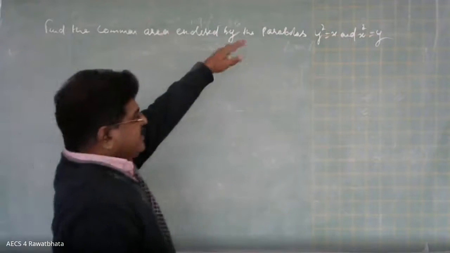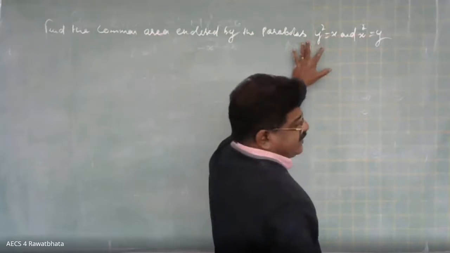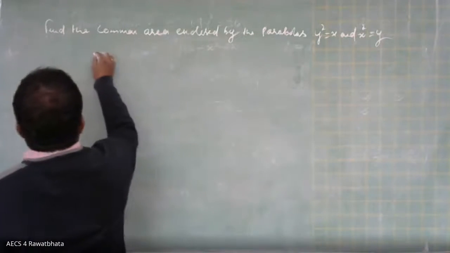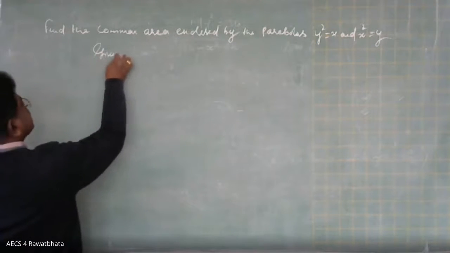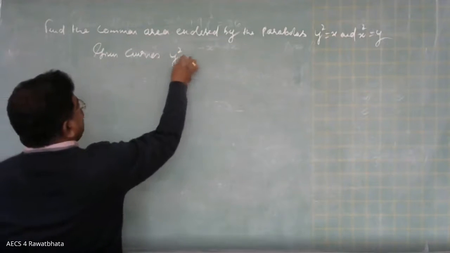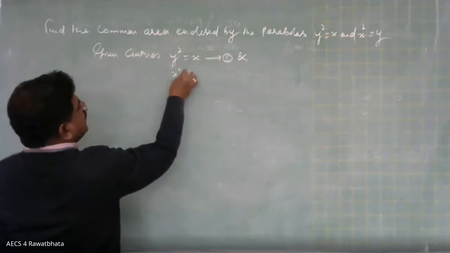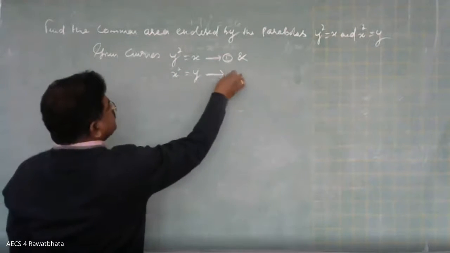So here y squared is equal to x means symmetric with respect to the x-axis. Given curves, given parabolas: y squared is equal to x, keep it as 1, and x squared is equal to y, keep it as 2.